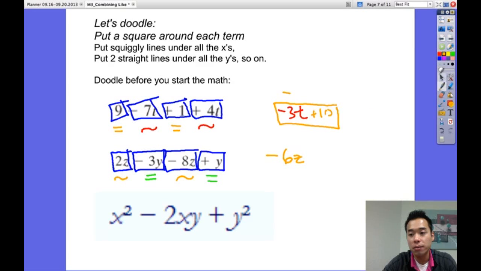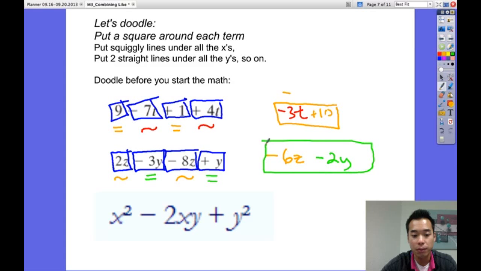Positive 1y combined with negative 3y is going to give me negative 2y. Think in terms of bananas canceling out, or apples, or shapes, and that's how I simplify that one.